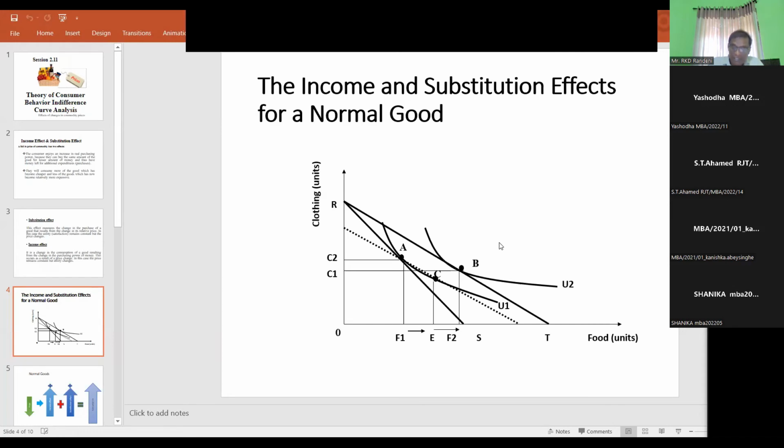I will try normal. Here, quantity X, quantity Y. Before the price change, this is the budget line. We will put that A, B, and the indifference curve.